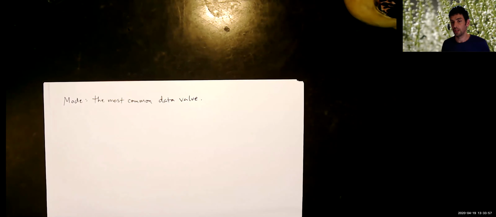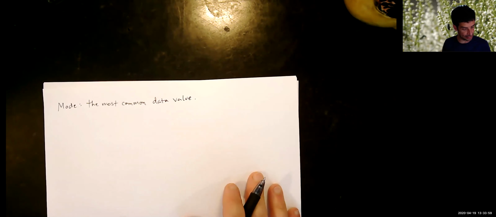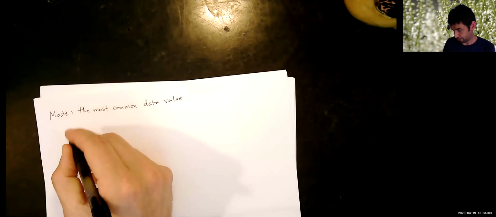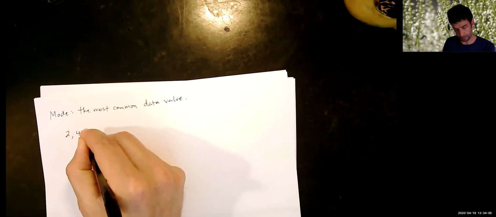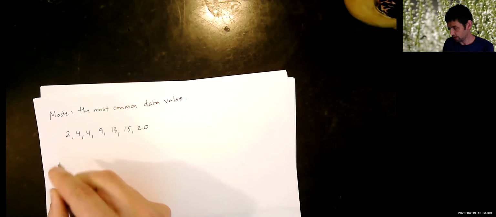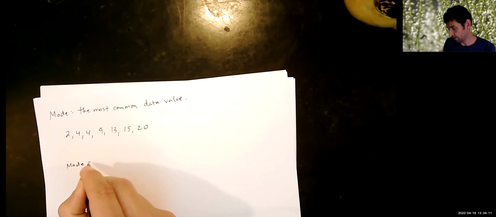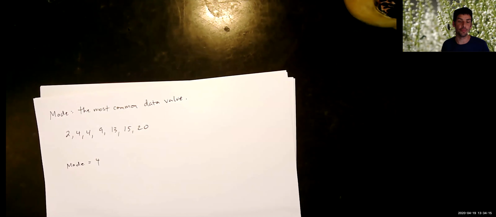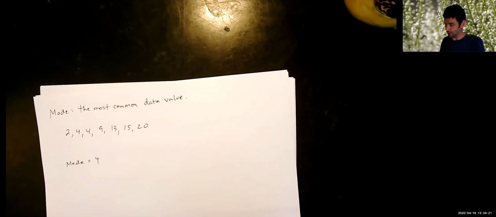So if I have a list of data, so I'll just write it again. So for instance, from this previous list of data, the mode is 4. 4 appears twice, everything else appears just once. Okay. The mode is not something we're going to typically use.